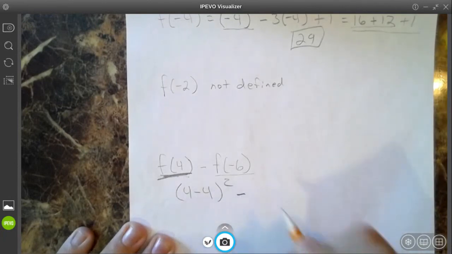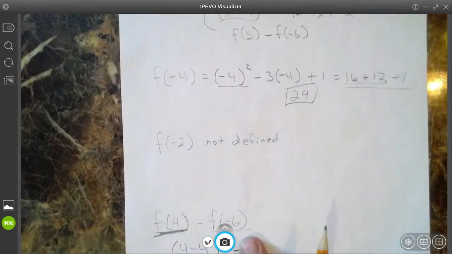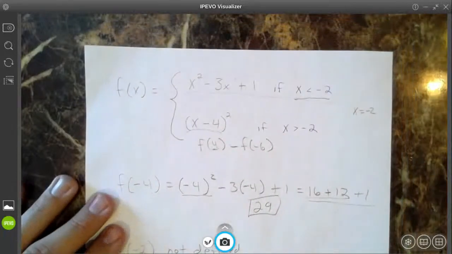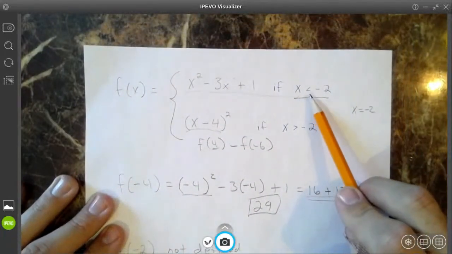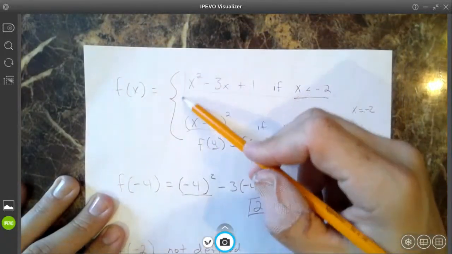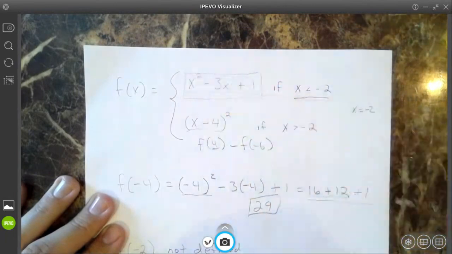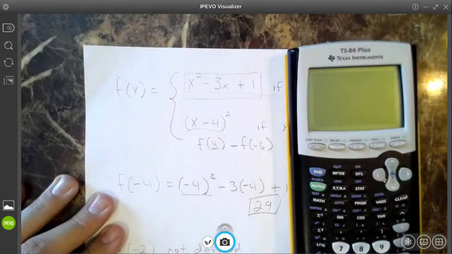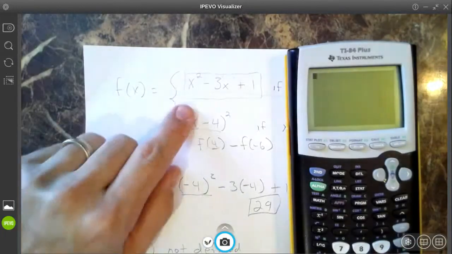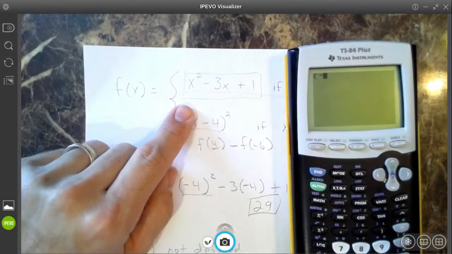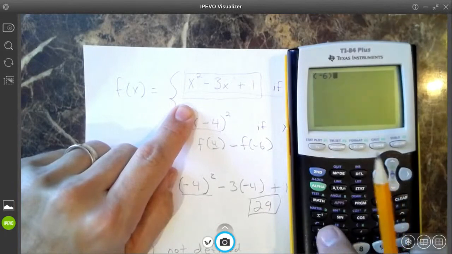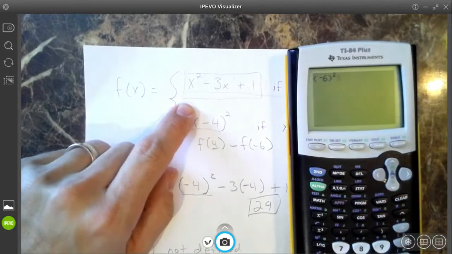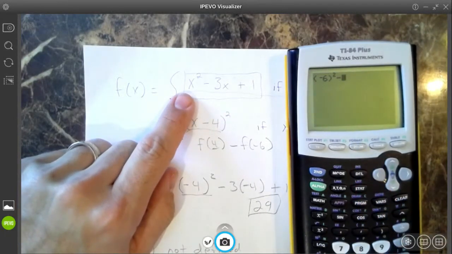And then minus, now for f of negative 6, negative 6 is less than negative 2, so we're going to be plugging in negative 6 for that function there. I'm going to go ahead and use my calculator for this. Negative 6 squared minus 3 times negative 6, and then plus 1.